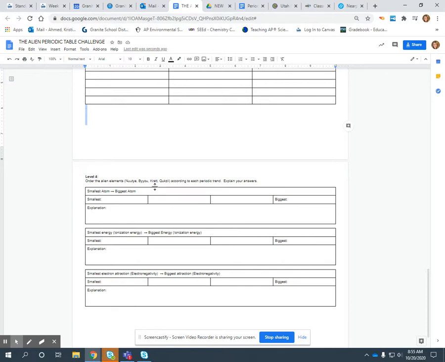This one's going to be smallest to biggest, this one's going to be smallest ionization energy to biggest ionization energy, and this is going to be smallest electron attraction versus biggest electron attraction, or electronegativity. Okay, again, write the smallest to biggest and then write your explanation of that trend.